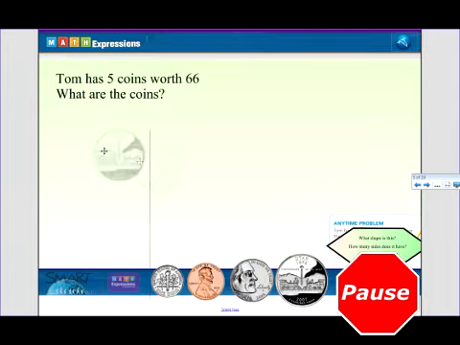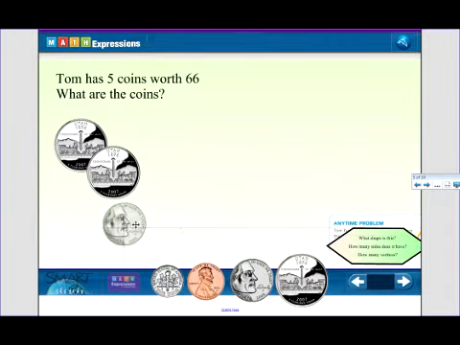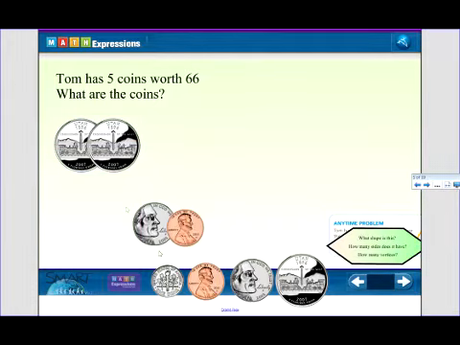We did this by trial and error last time, and so let's do it by trial and error again. Let's start out with 2 quarters and a nickel and a penny. Well, that makes 6 cents. Now we need to get 56 cents. We need 10 more cents.